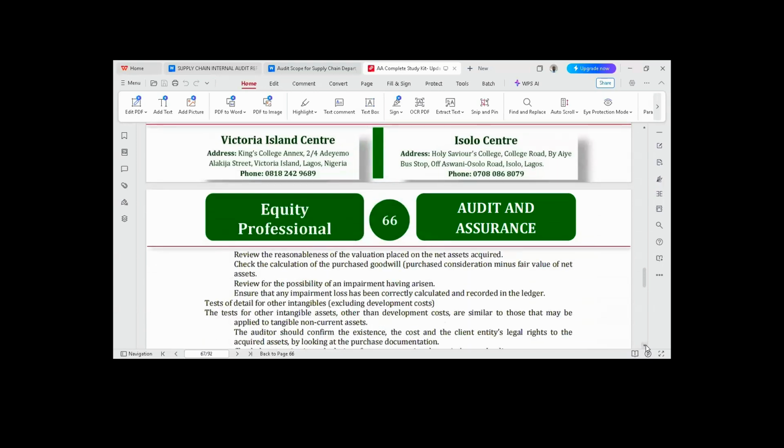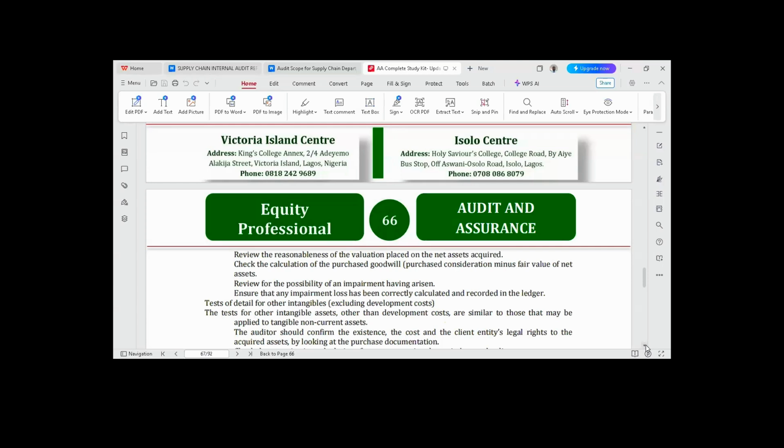Then we need to review the reasonableness of the valuation based on the net assets acquired. Then we check the calculation of the purchased goodwill. How do you calculate goodwill? That is the purchase consideration minus the fair value of net assets. That gives you your purchased goodwill.